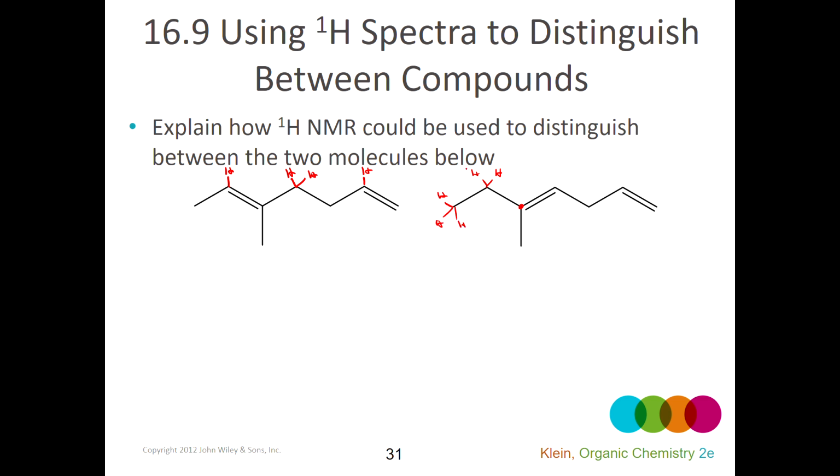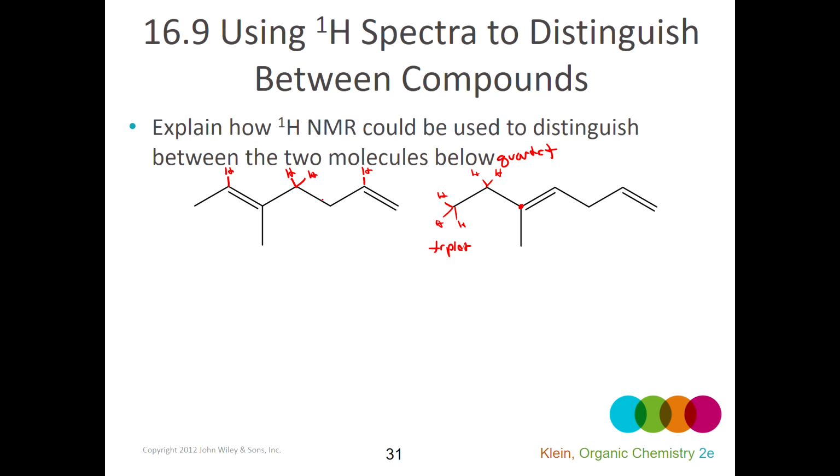So the CH2 would split the CH3 into a triplet. The CH3 would split the CH2 into a quartet. So I would see a triplet quartet. And the triplet and the quartet would have the same coupling constants.